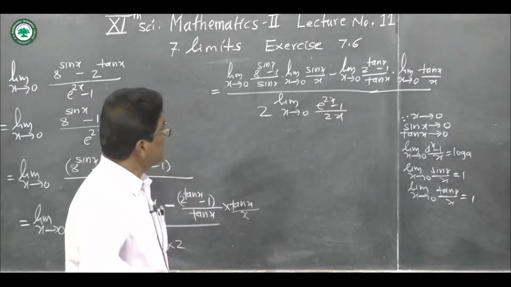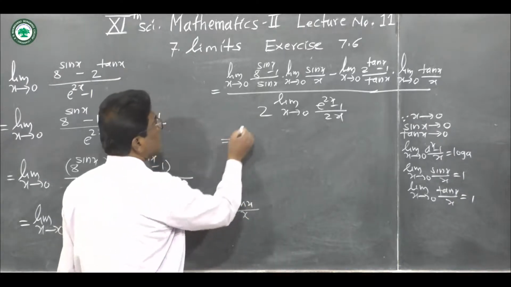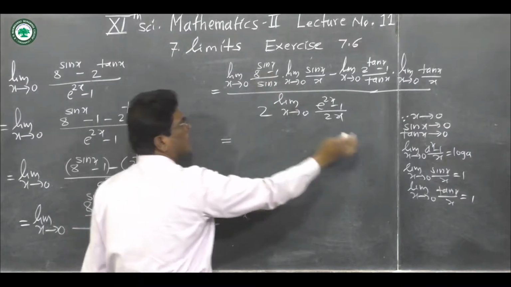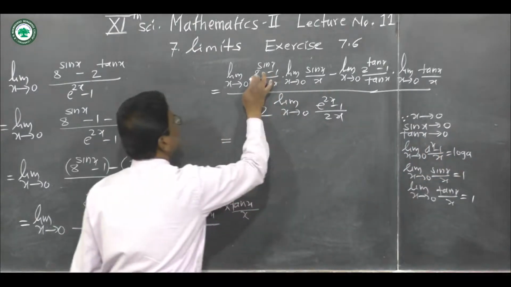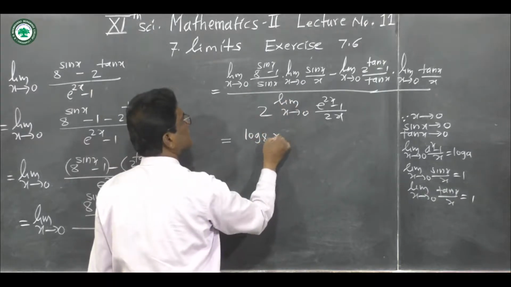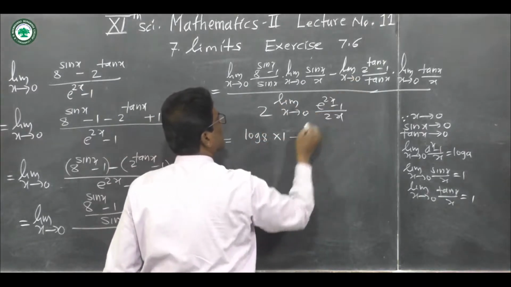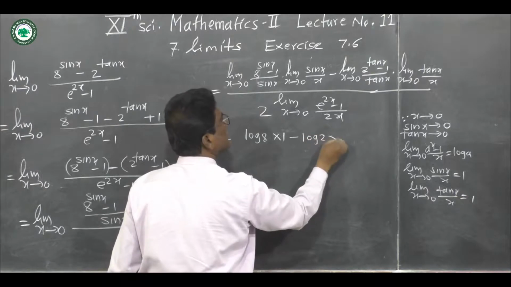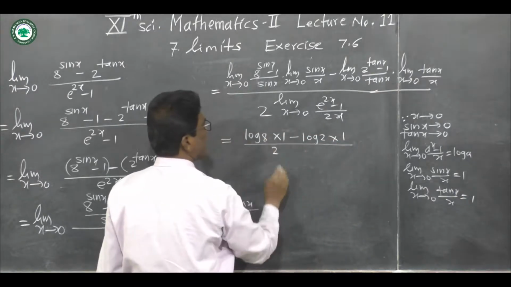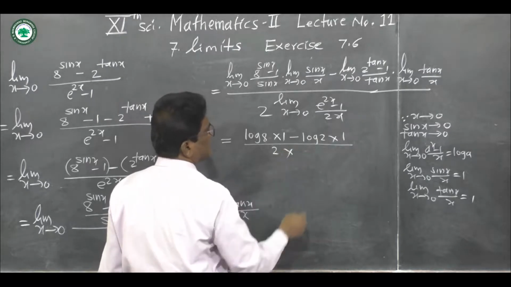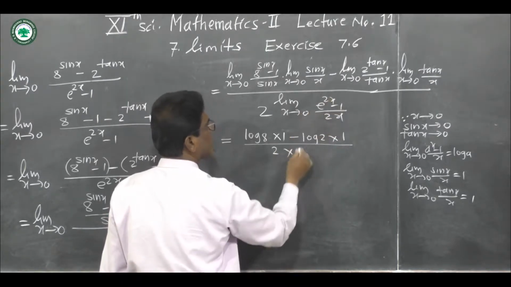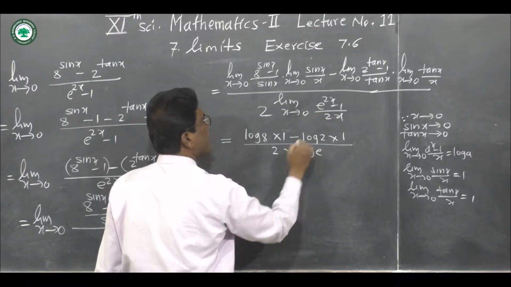Therefore we get log of 8, here a is 8, into 1, so 1, minus log of 2 into 1, and divided by 2 into log of e.